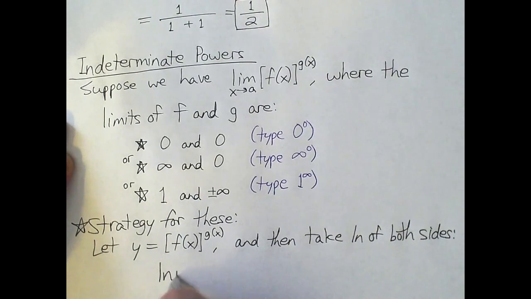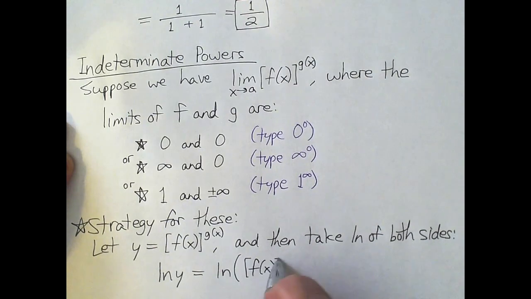So you get ln of y equals ln of the right-hand side.